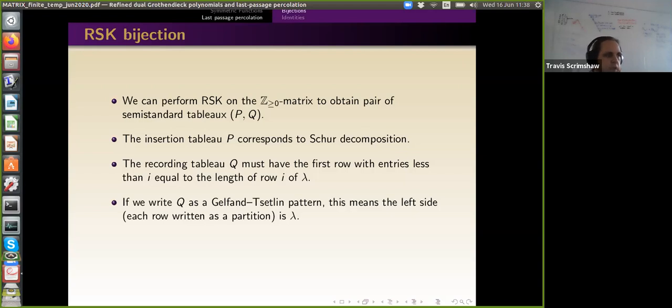And if we translate this into a Gelfand-Tsetlin pattern, if you know what those are, it means that the left-hand side has to be precisely lambda. And this was the description given by Decker and Warren, but they were looking at the case when the x variables were equal to 1.